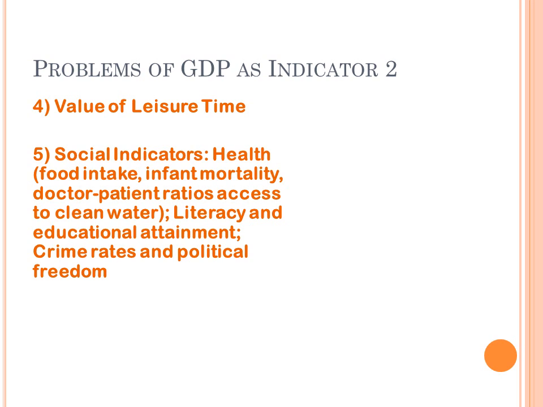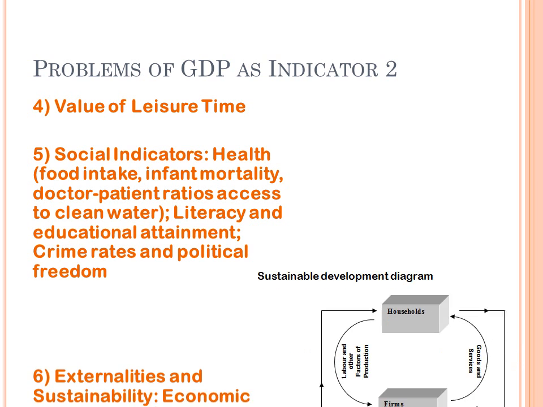Now, most development indexes try to include some or all of these things, because to have a capable life, to be truly free, development is freedom, remember, you need to be able to live and be free politically, to learn and to be healthy and bring up children.